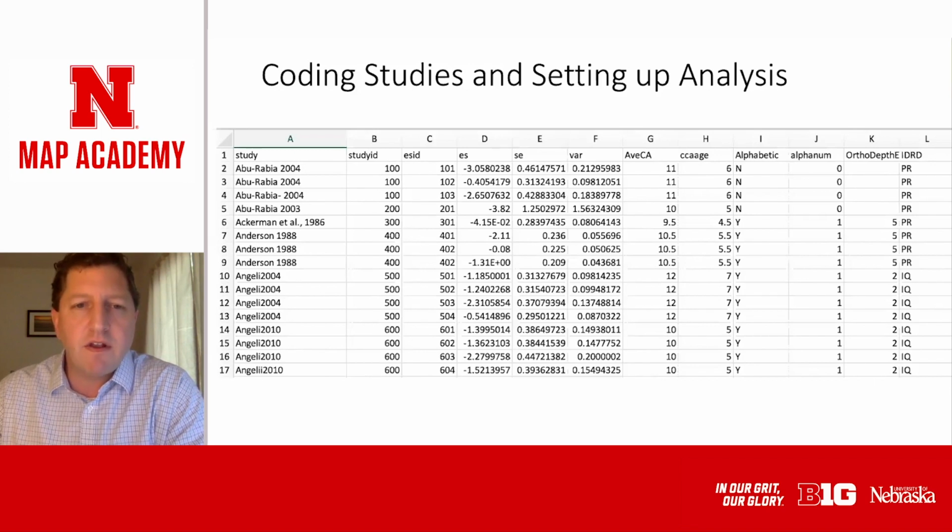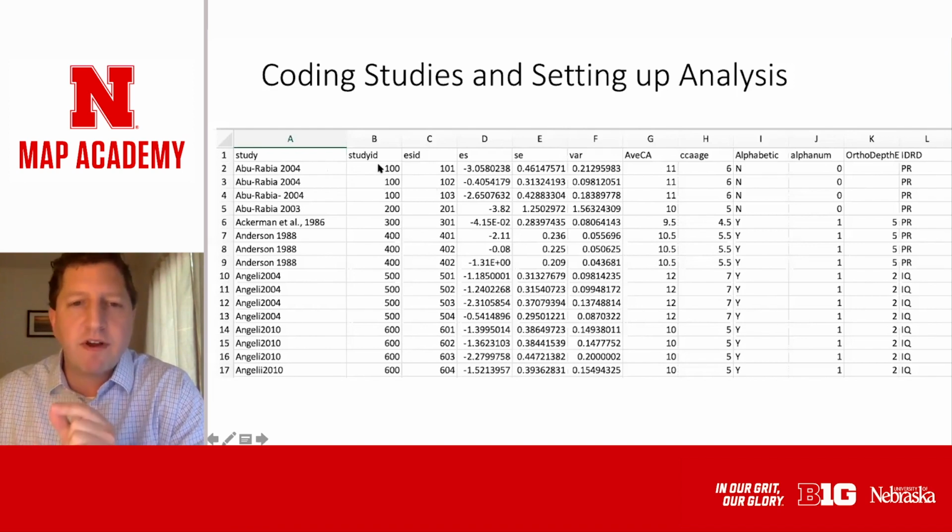Typically, when we had a single effect size per study, we would have a study that, like, say, number 2, Abu Rabia 2004, and we would just use a single row for that entire study, right? And so we wouldn't have any additional rows for that study because there would only be one effect.